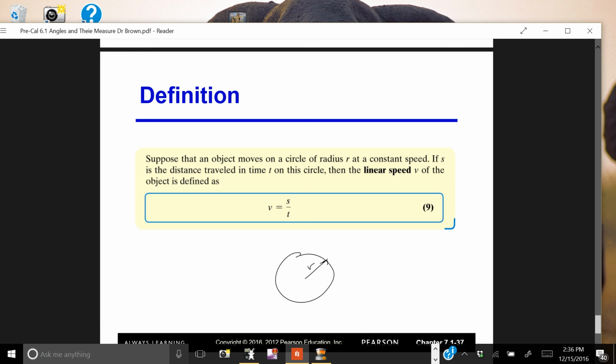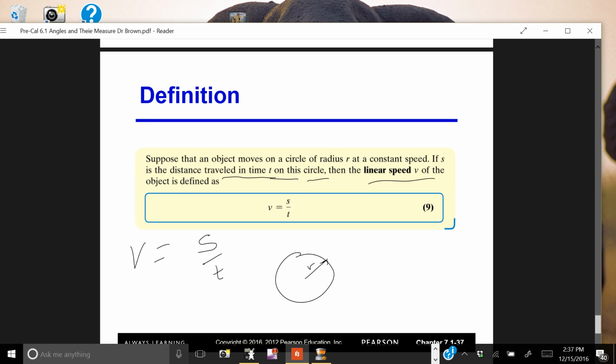If s is a distance traveled in time t on a circle, then the linear speed is just the velocity equal to the distance it travels divided by the time.